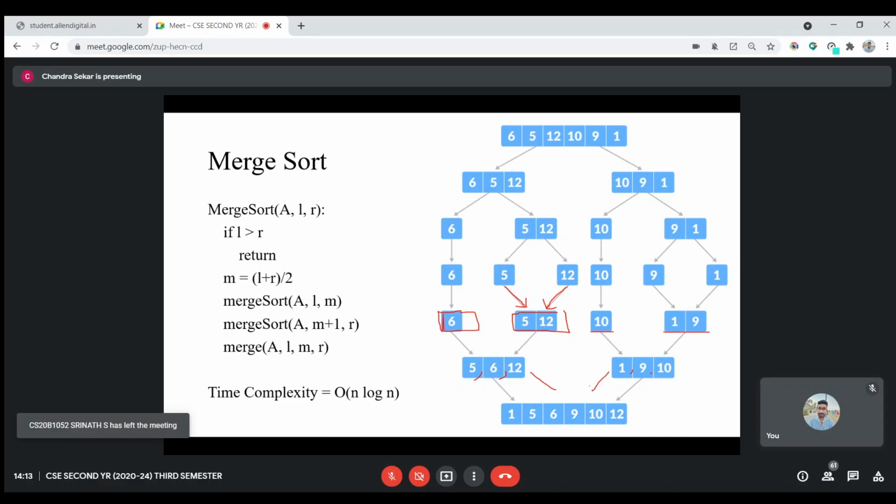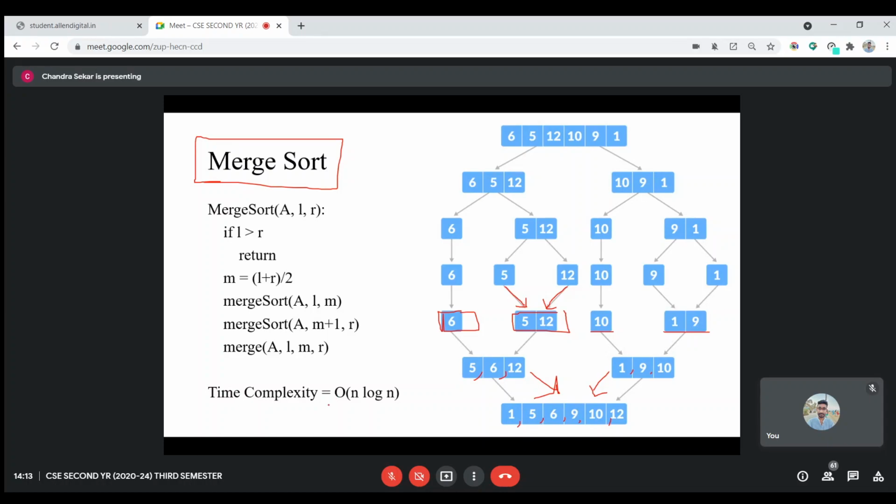And when these two are getting merged, they will be merged into the sorted order, that is 1, 5, 6, 9, 10 and 12. So this is how the merge sort will sort the given elements using the divide and conquer technique.